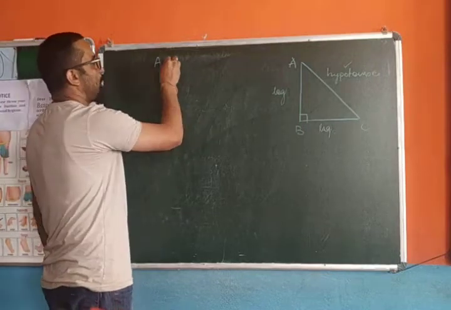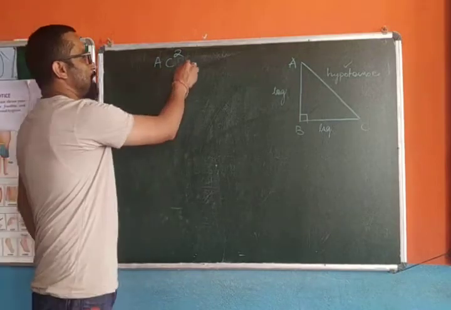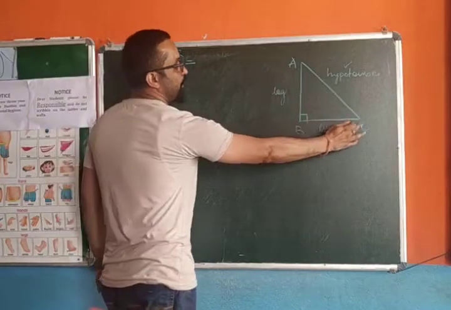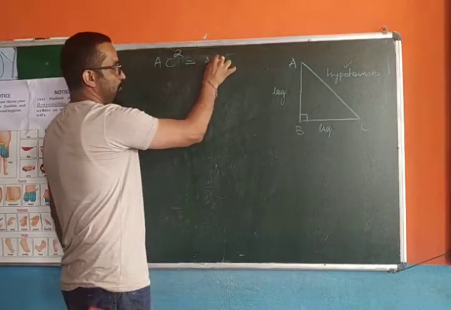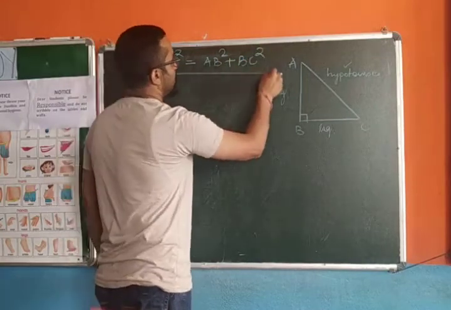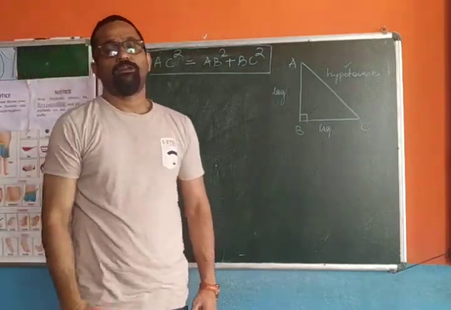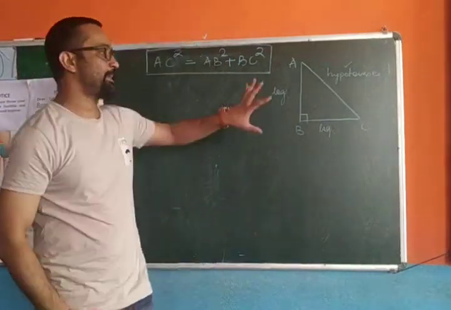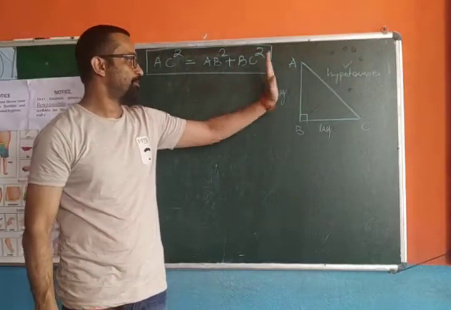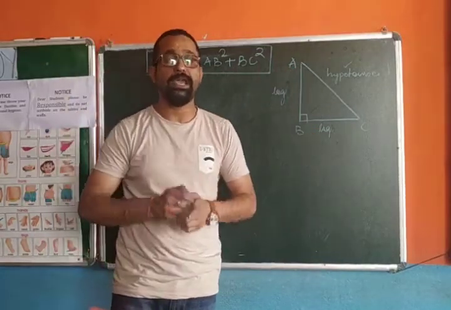AC is the hypotenuse. So the square of the hypotenuse is equal to the sum of the squares of the other sides, AB square plus BC square. This is the statement of Pythagoras. So you need to remember this statement.